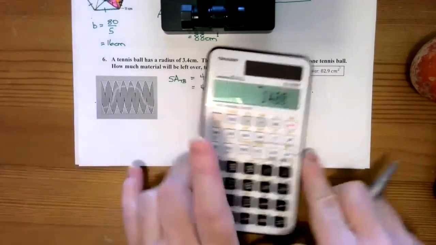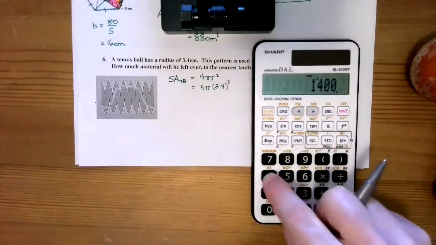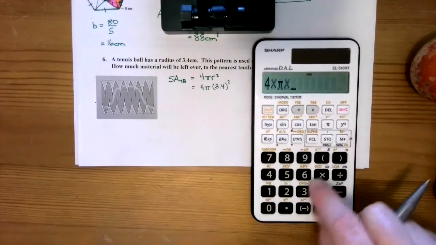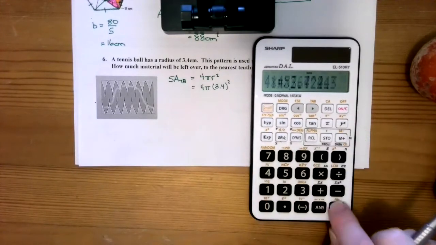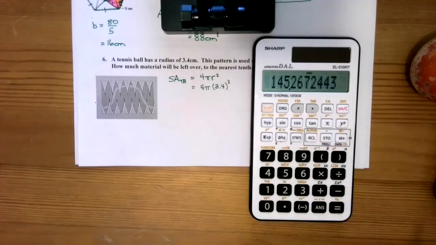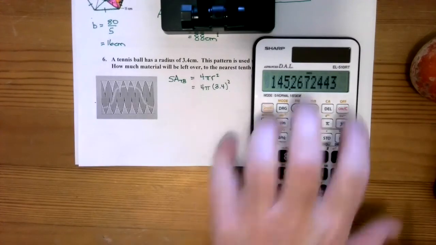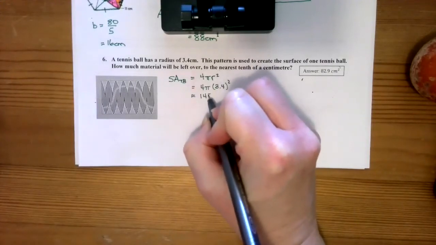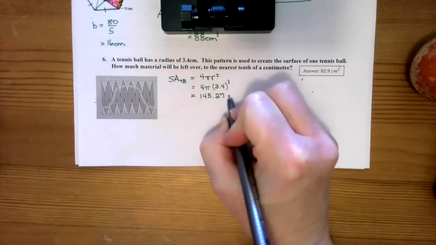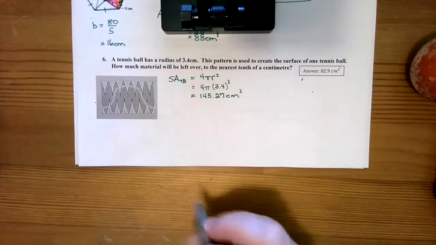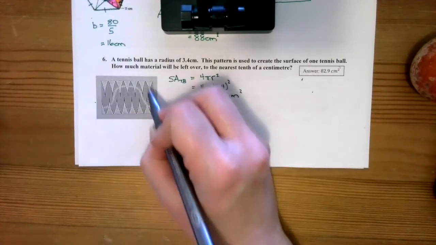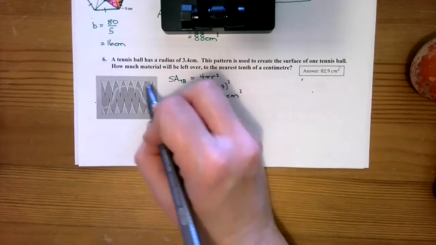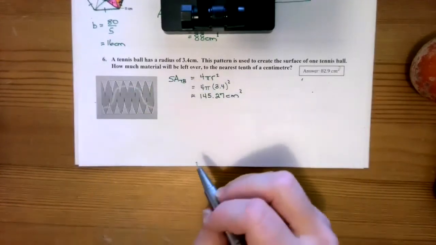I type that into my calculator: 4 times pi times 3.4 squared, and I get 145.27. So it's approximately equal to 145.27 centimeters squared.